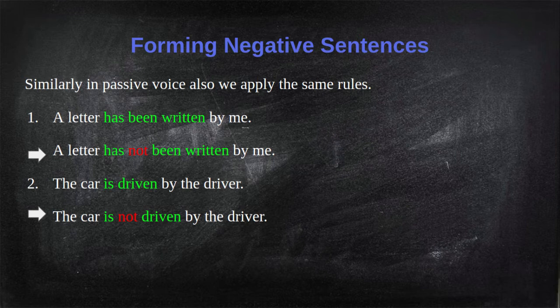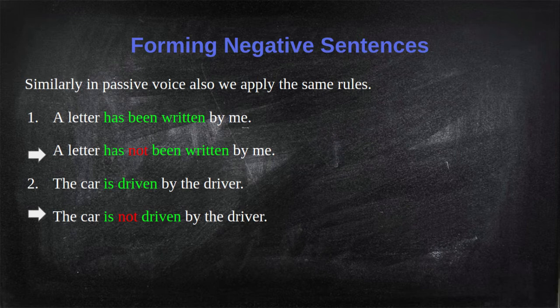To make it negative, I will write not after the helping verb. So here, which is the helping verb? Has been. Has and been are two helping verbs. Written is the main verb. So after the first helping verb, I will write not: a letter has not been written by me.